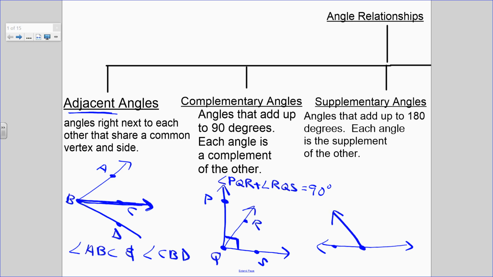So let's call this ABC this time. And this one D. So look at how angle ABC and angle CBD, they're next to each other and they add up to be 180, a straight angle. So I'm going to put up here angle ABD plus angle CBD equals 180 degrees instead of 90.